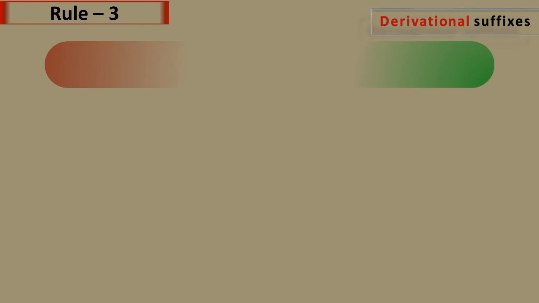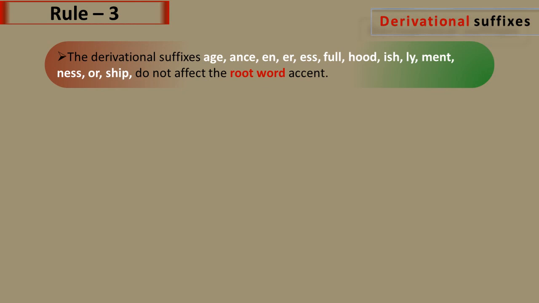Derivational suffixes. Let us see some information about derivational suffixes. The derivational suffixes are: ance, en, er, ess, ful, hood, ish, ly, ment, ness, or, ship, and all these are derivational suffixes, and these don't affect the root word accent.